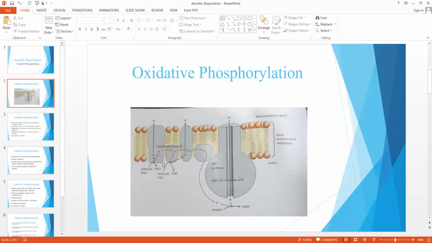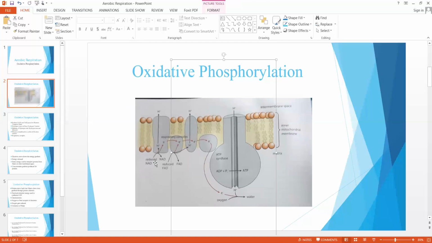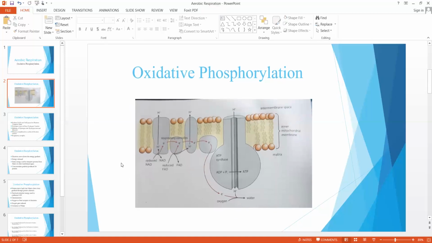So some of the electrical potential energy is used to move these protons from the matrix of the mitochondria into the intermembranal space. And obviously this movement of protons is an example of active transport, because energy is utilized to move the protons from the matrix into the intermembranal space.